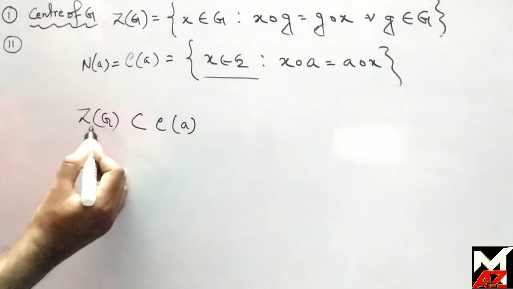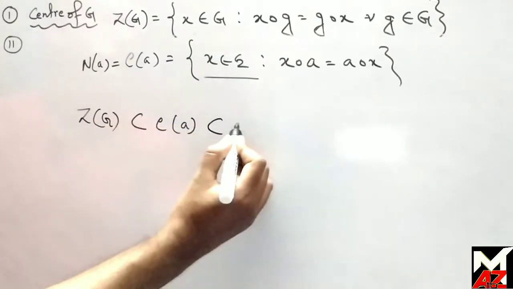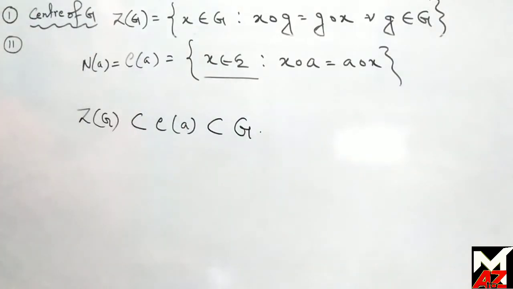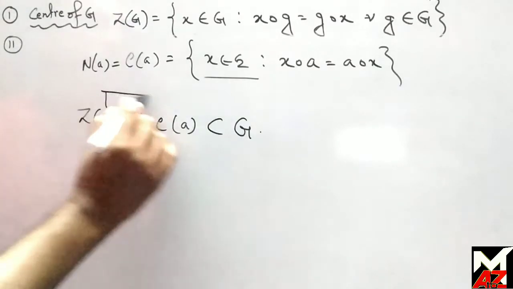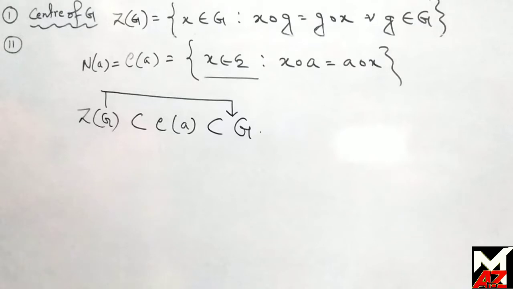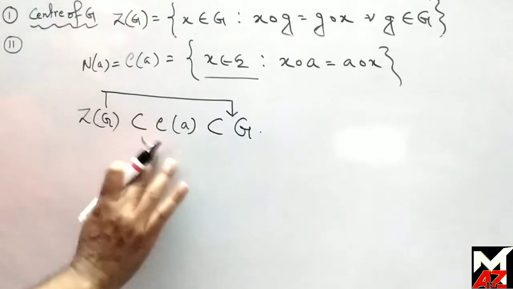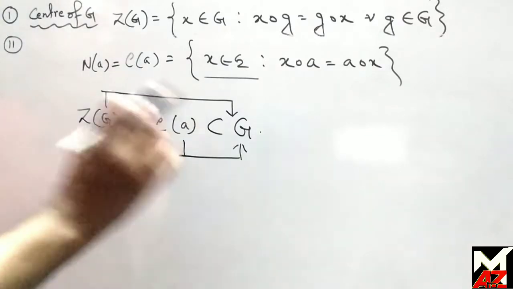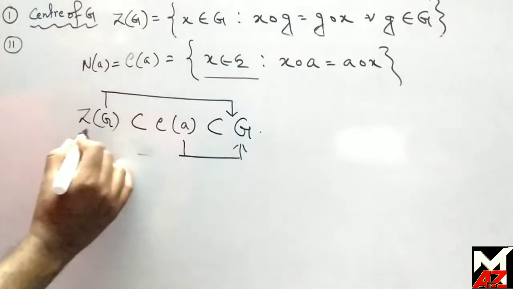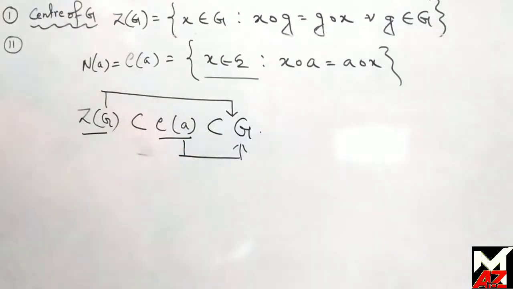And these are also subsets of G, and we know that this is a subgroup of G. Also, this is also a subgroup of G. So from this relation, we say that Z of G is a subgroup of C of A.